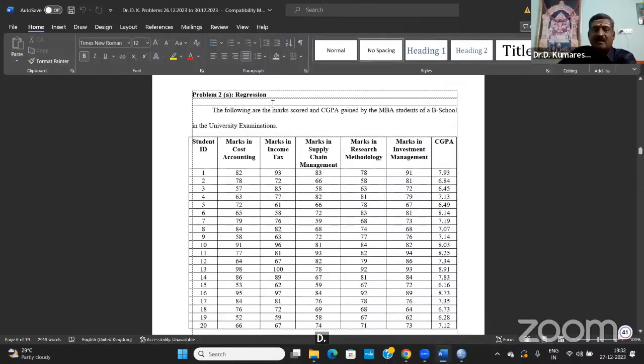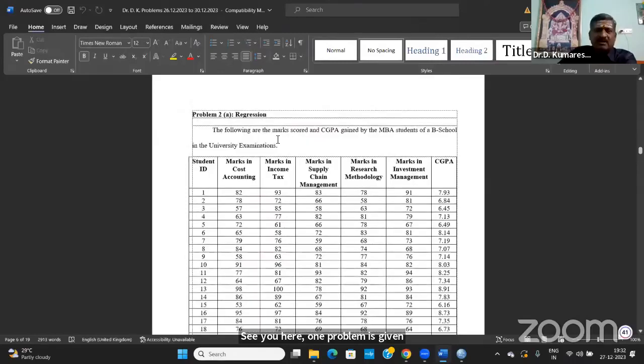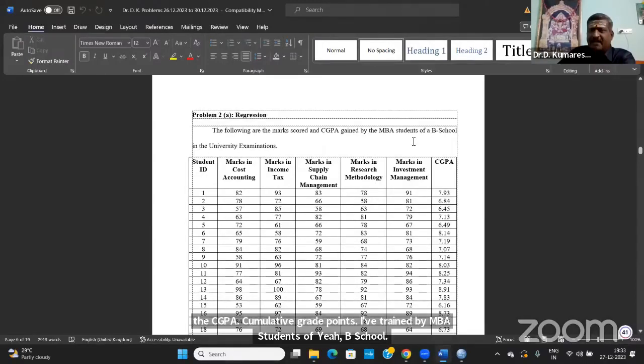See here, one problem is given. The following marks are scored and the CGPA, cumulative grade points, obtained by MBA students of a B school in the university examination.